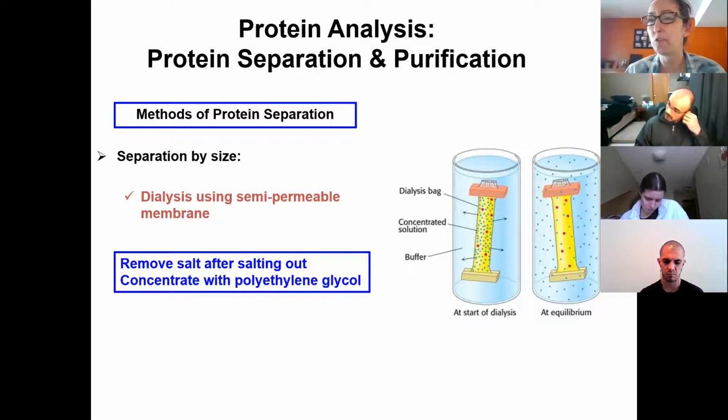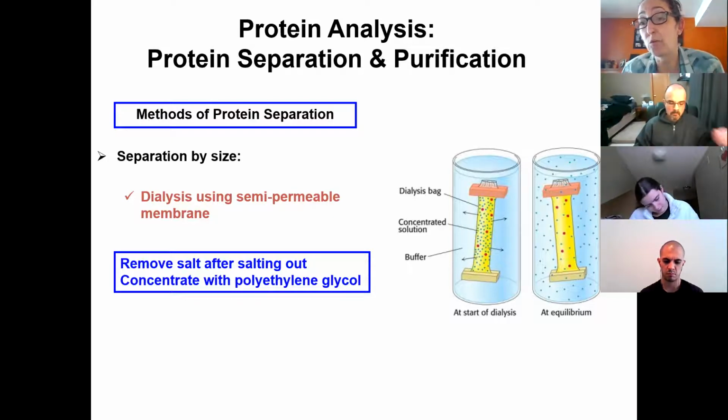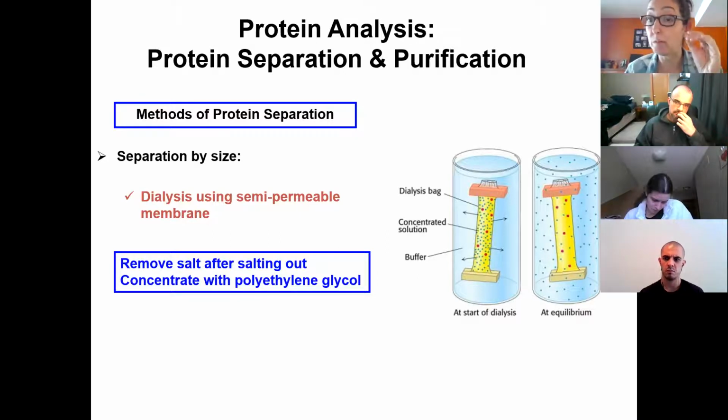You don't want high salt concentration, because first of all, high ash and high sodium are not desired in an end product from a nutritional perspective. Also, it impacts how soluble the protein is and how it gels. Sometimes a little bit of salt helps, but too much salt is not desired.